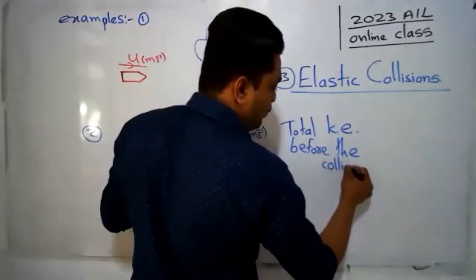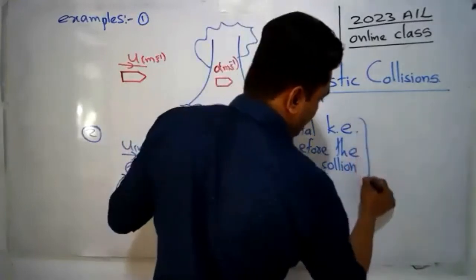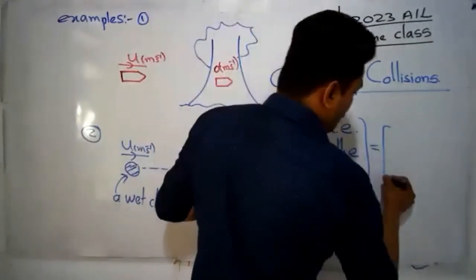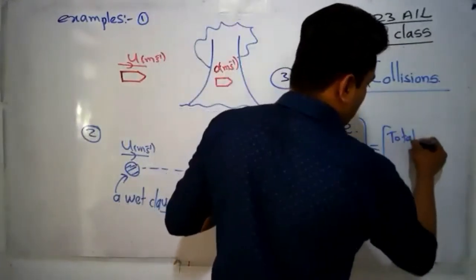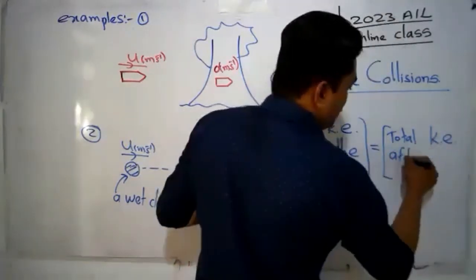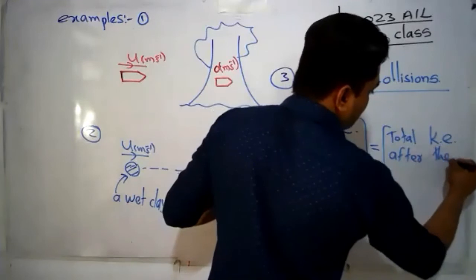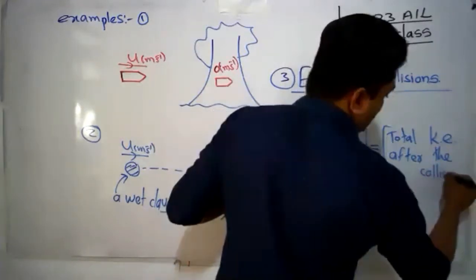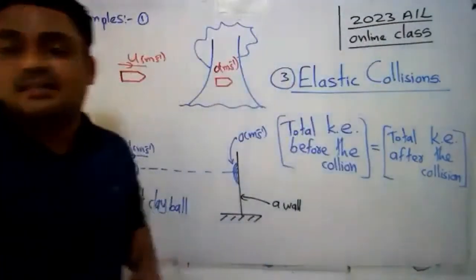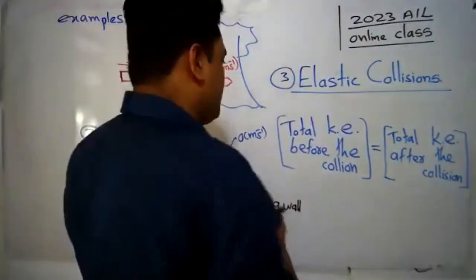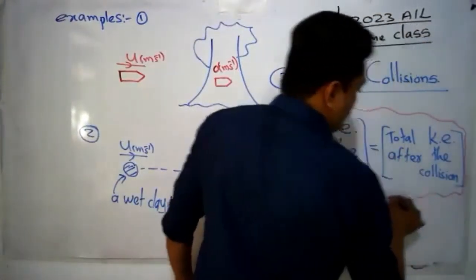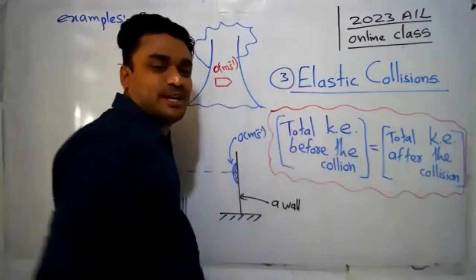Total KE before the collision equals the total KE after the collision. So this can only be applied for an elastic collision. Please write this equation and draw a box around it. Highlight it. Very important.